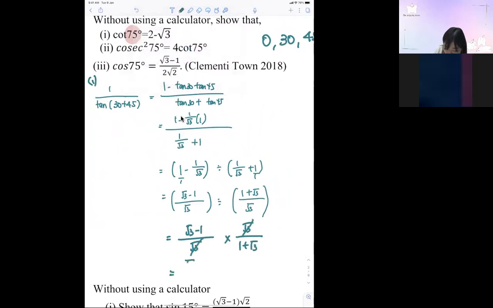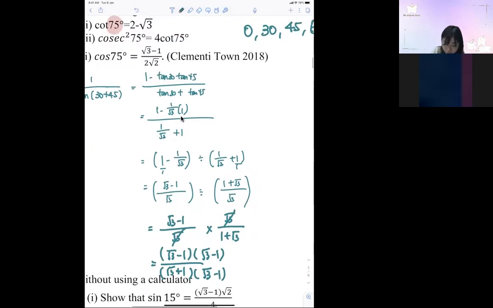Then you are left with square root 3 minus 1 over square root 3 plus 1. But the answer cannot be kept like that. Let's rationalize. So square root 3 plus 1 must times what? Square root 3 minus 1. Very good.